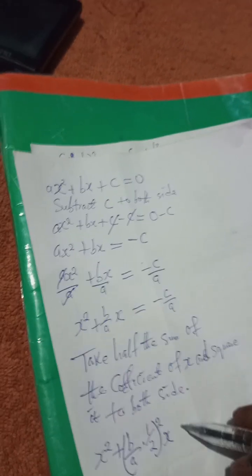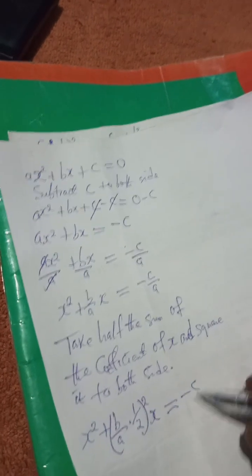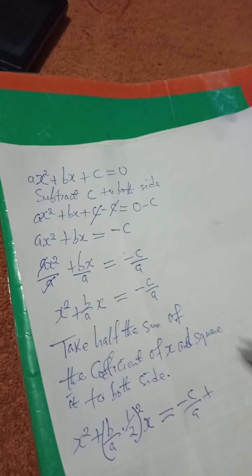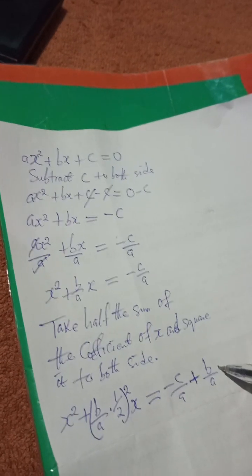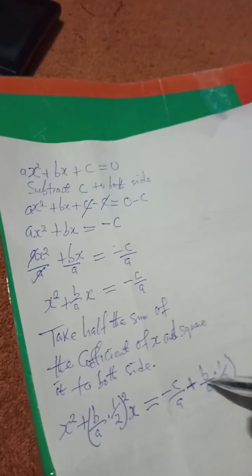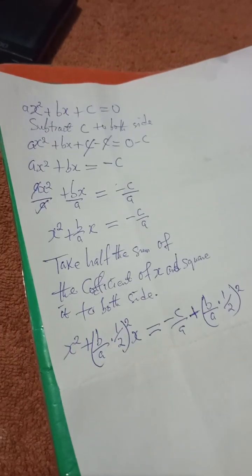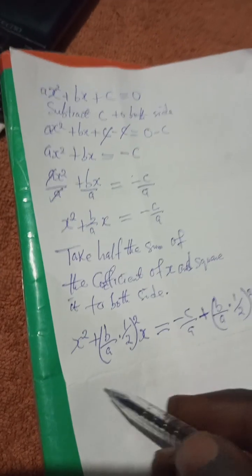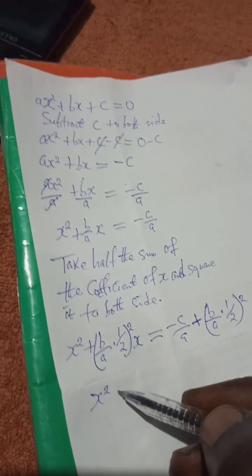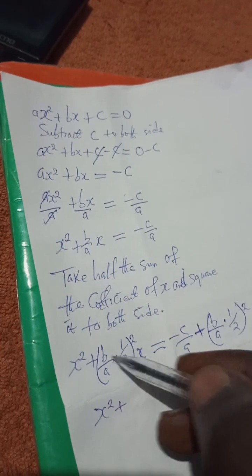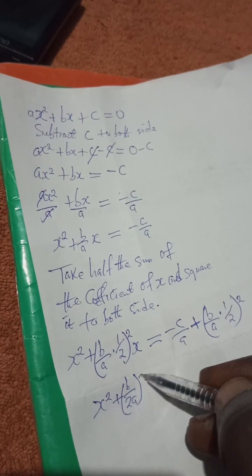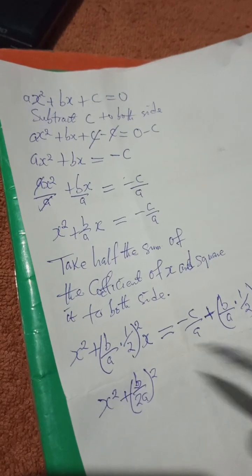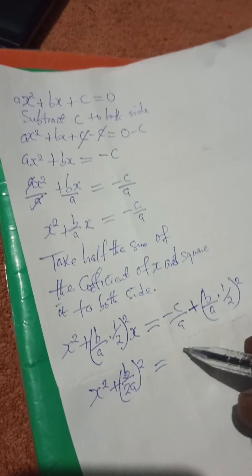This applies to minus c over a as well, plus half the coefficient, which gives you b over a times 1 over 2, squared. So this is going to give you x squared plus half the coefficient, which now becomes b over 2a, and you square it to both sides.